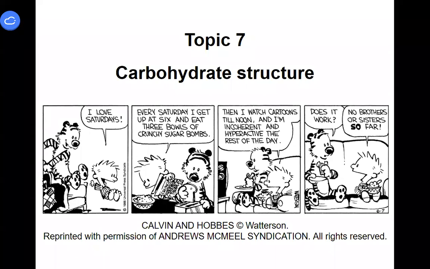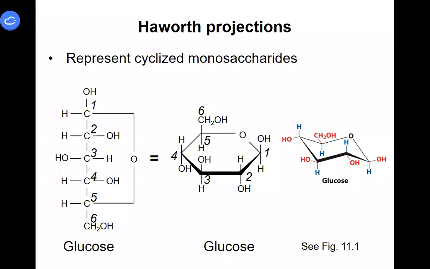So where I left off was starting to talk about Haworth projections, and just to refresh your memory, monosaccharides can cyclize, and we represent that in this Haworth projection form, which looks like a planar group of molecules or atoms, but it's not actually planar, and that's what this little diagram on the right is supposed to show.